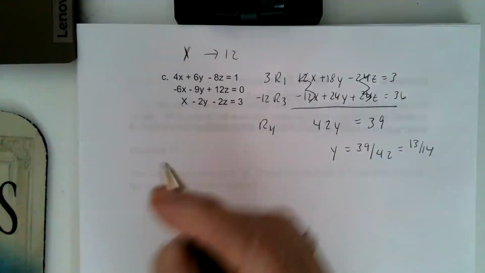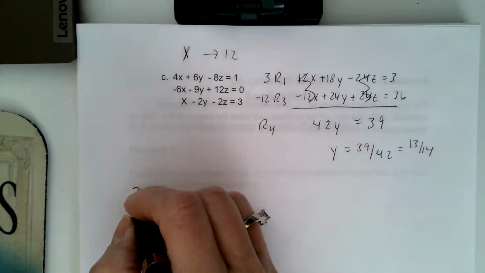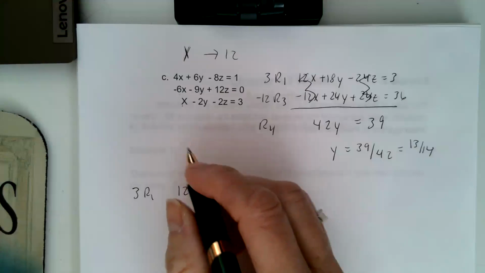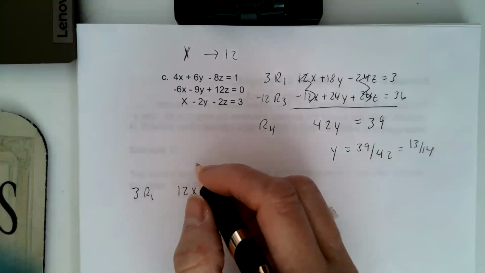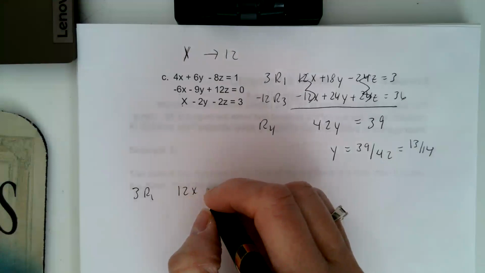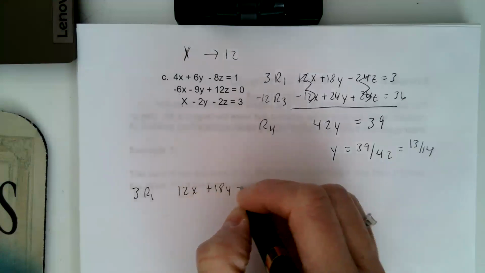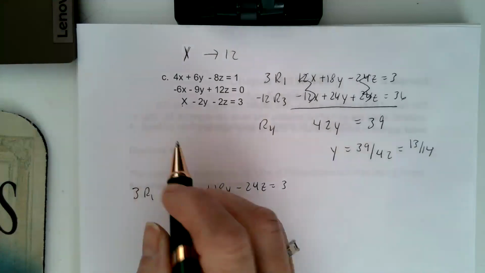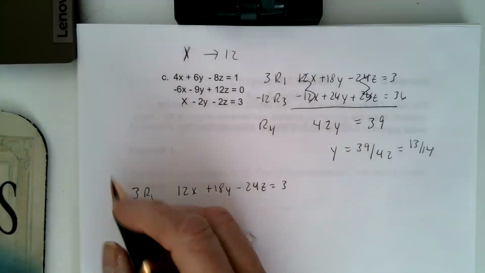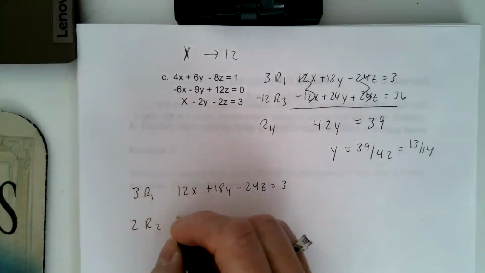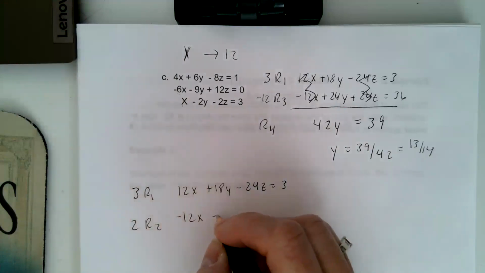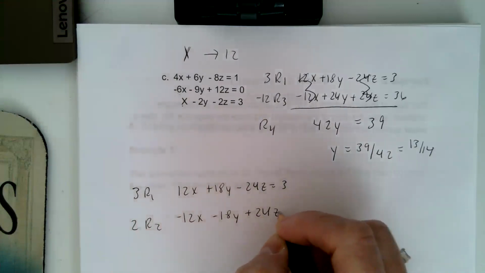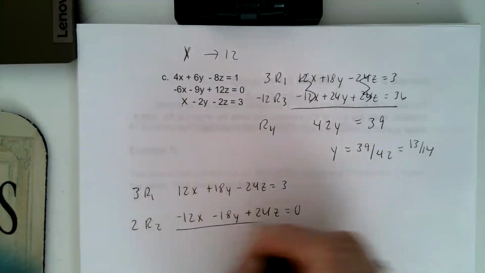Okay. So I'm going to do 3 row 1 like I did before. So that's just 12X plus 18Y minus 24Z equals 3. And then to get to this, I'm going to do 2 times row 2, and it'll be a negative 12X, negative 18Y plus 24Z equals 0.